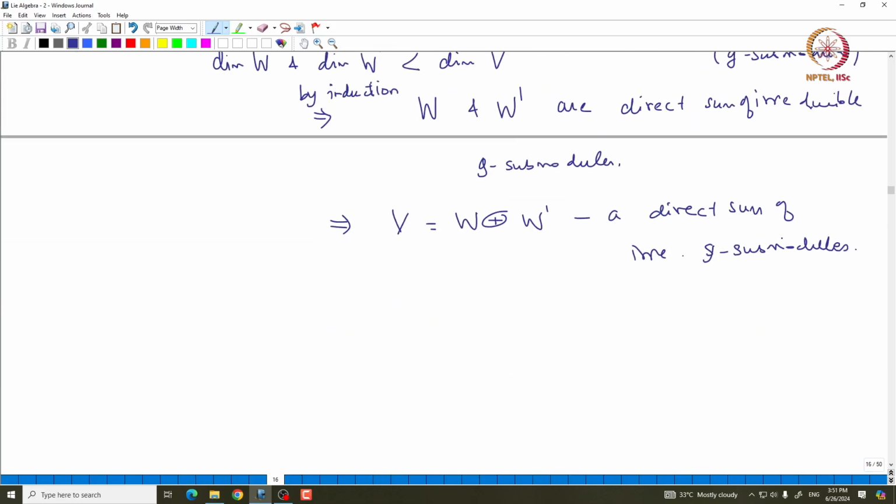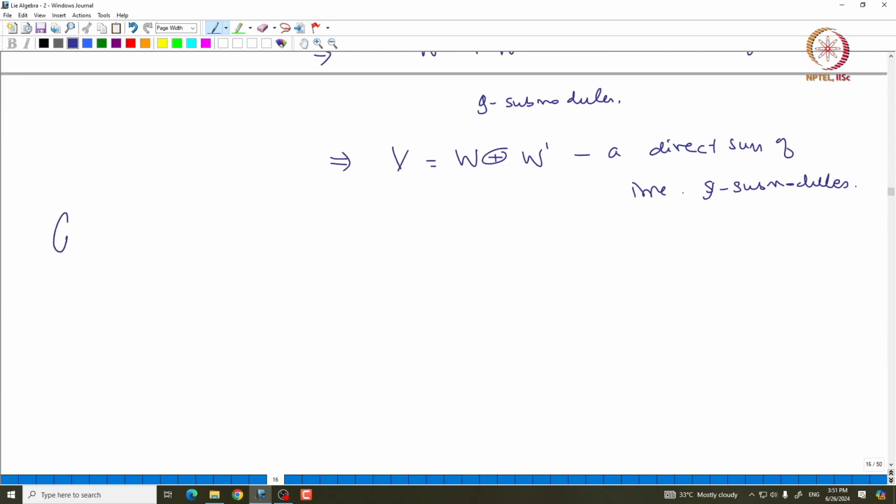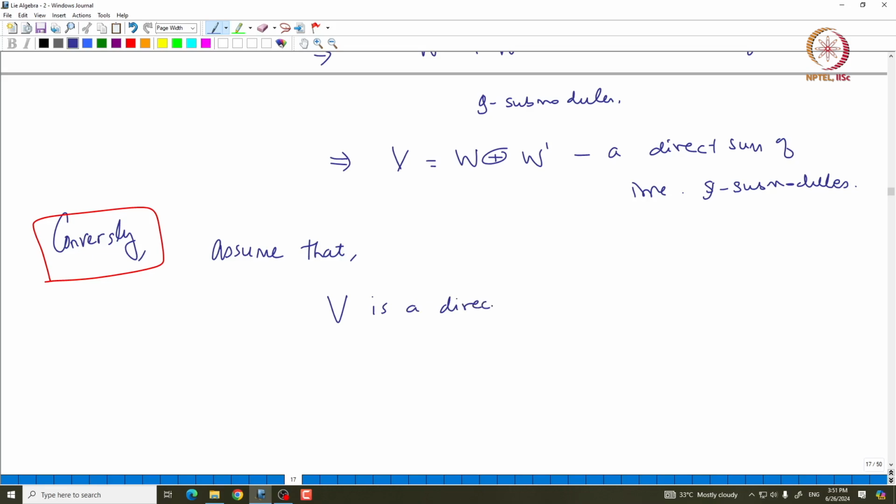So, we need to start with the non-zero submodule. So, conversely, assume that V is a direct sum of irreducible G submodules.